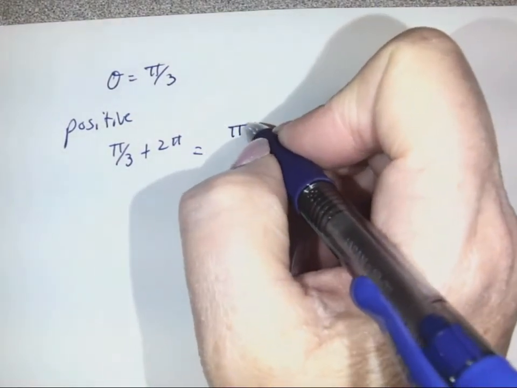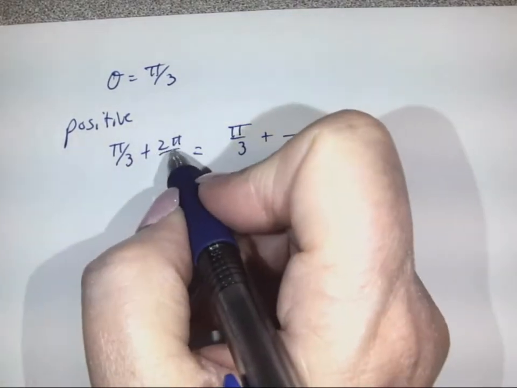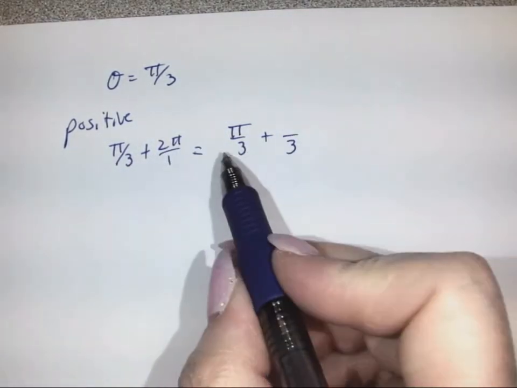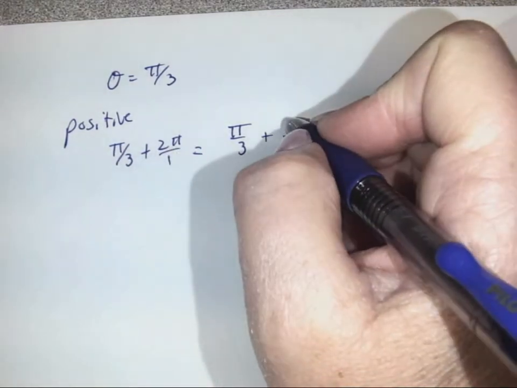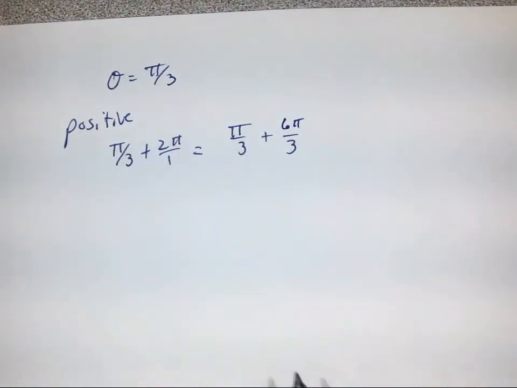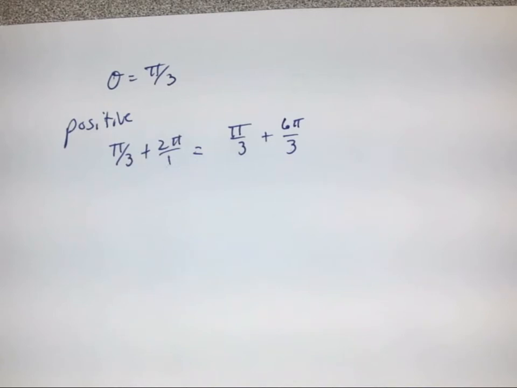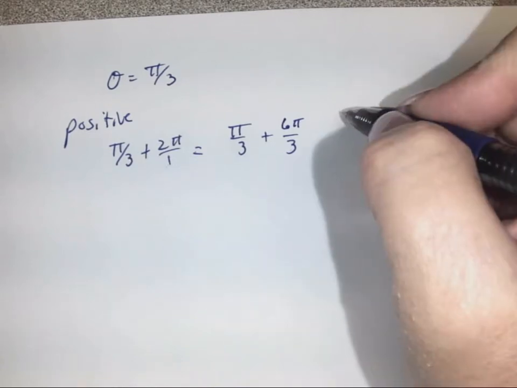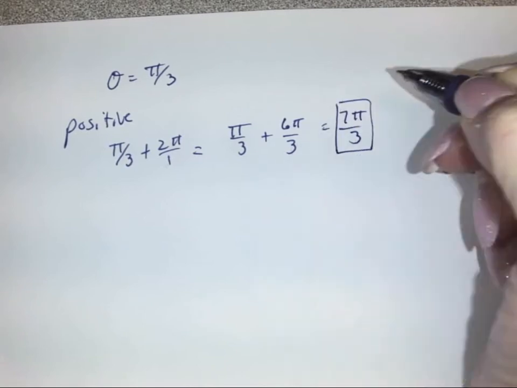So we have pi over 3, so we need to find 2 pi over 3. This is 2 pi over 1. 1 times 3 gets us 3, so 2 times 3 will also get us 6 pi over 3. So we just multiply the denominator and the numerator by 3. Well, when I add those, I end up with 7 pi over 3.